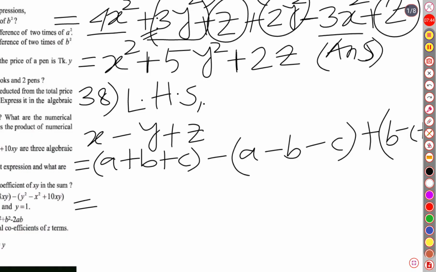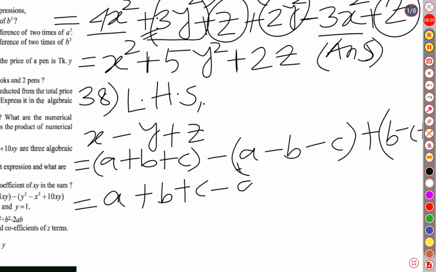Now, outside and inside the bracket, the symbols are same, so it will be invisible plus. And outside and inside, the symbols are same, so it will be plus. Same goes for c. Symbols are same, so it will be plus symbol. Then inside the bracket, in front of a, there is plus symbol, but outside the bracket, there is minus symbol. The symbols are different. Whenever the symbols are different, it will be subtraction.